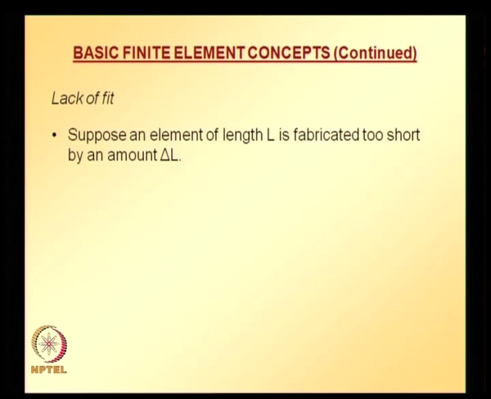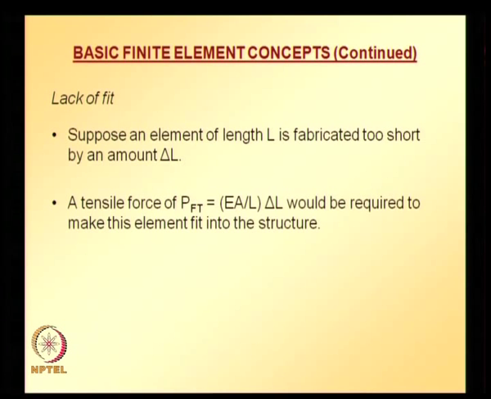If the element is fabricated too long by amount delta L, then we just need to change the sign, so it becomes minus delta L. A tensile force would be required to make this element fit into the structure, because the member is too short. So to fit this truss member into the given structure, we need to apply some tensile force, we need to just stretch it.